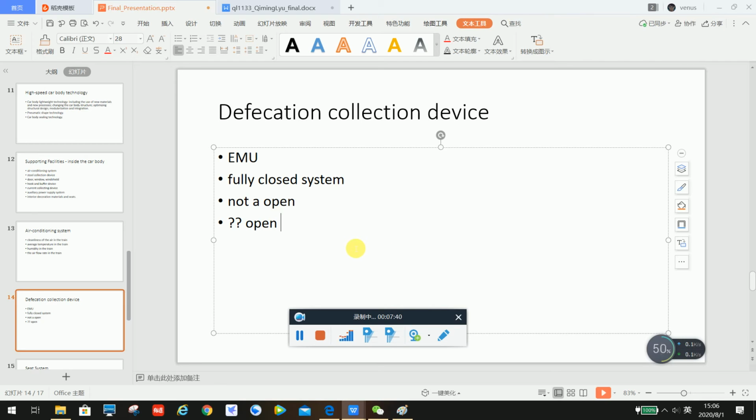After the train stops, the dirt in the dirt box is treated regularly. So it's thrown out when the train comes to a stop, not while running, because in the general train it's thrown out when the train is running.